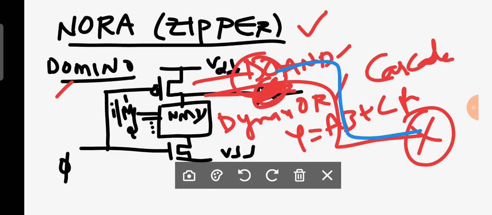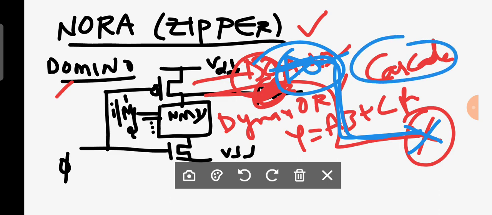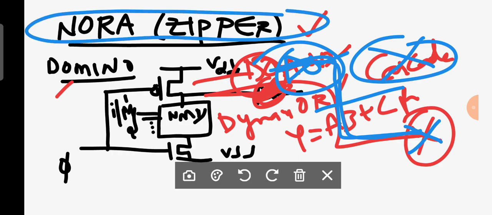That means here the major issue is, if the other stage is not going to be activated even if we didn't use an inverter, then our problem is solved. That means we can solve the cascade problem, and we can also create a complement output. Therefore the main agenda is to design a NORA logic.